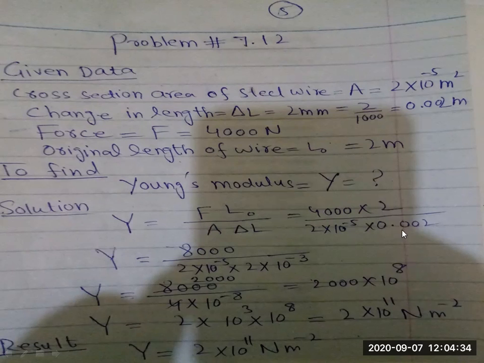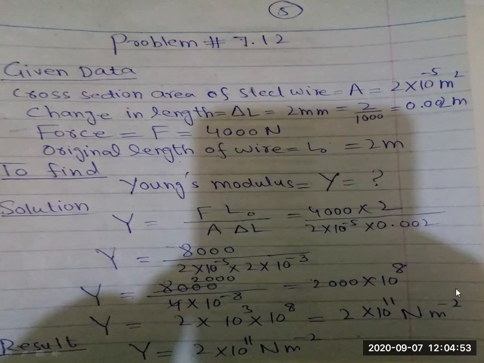So 0.002 can be written as 2 into 10 to the power minus 3 in scientific notation. This 2 will multiply with this 2, it will be 4, and when the bases are the same, the powers will be added. Minus 5 minus 3, it will be minus 8. So 8000 divided by 4 is 2000.